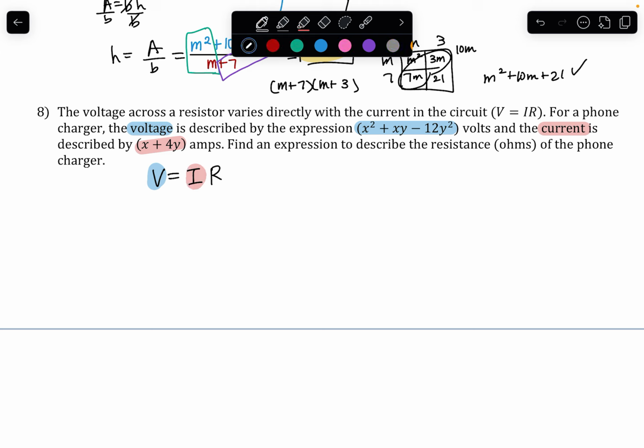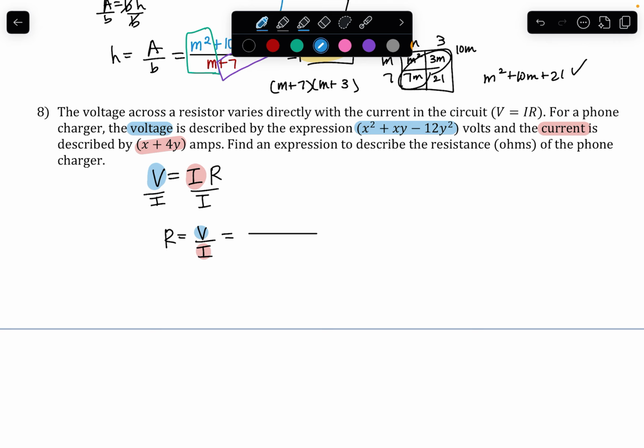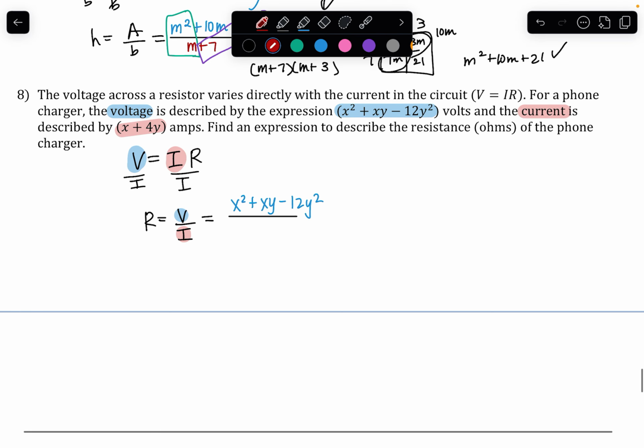We're trying to find R. So we need to divide both sides by I. So the resistance is given by the voltage divided by the current. The voltage is x squared plus xy minus 12y squared. And then the current is x plus 4y.